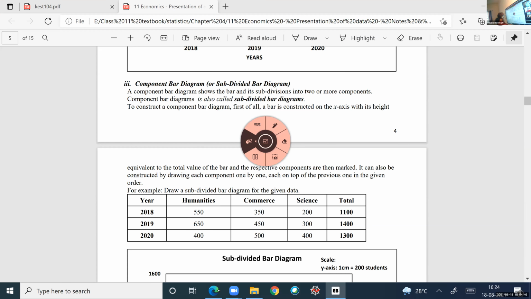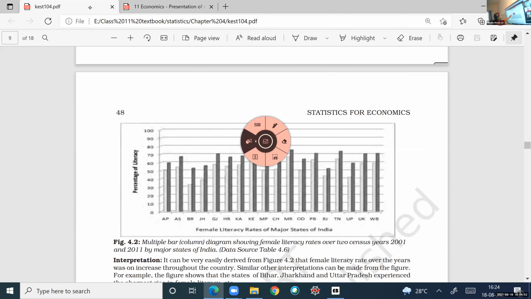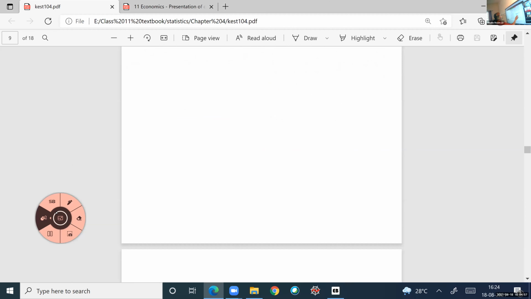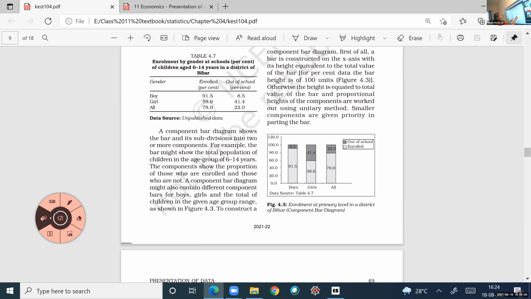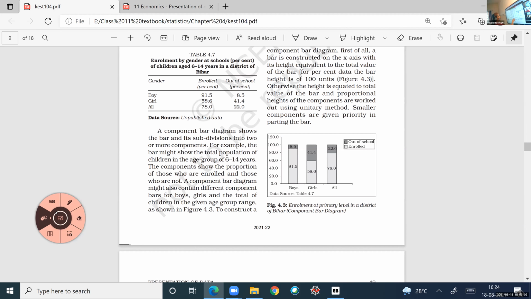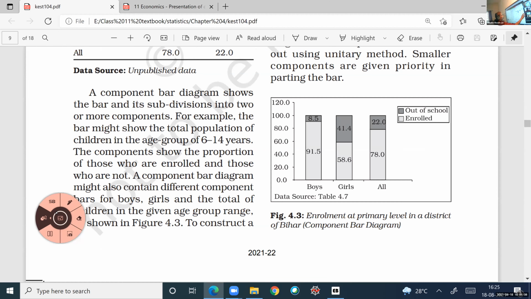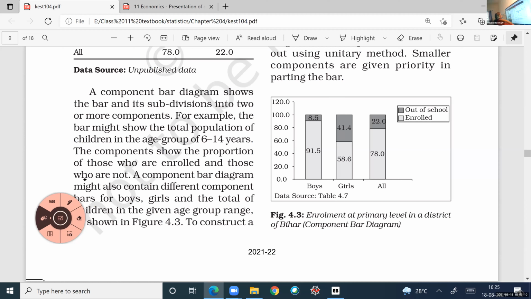You can see from your textbook. Here you can see clearly in this bar diagram, out of 100%, 91.5 is given as boys at the primary level studying in the school. 8.5 are out of the school, they are not studying.